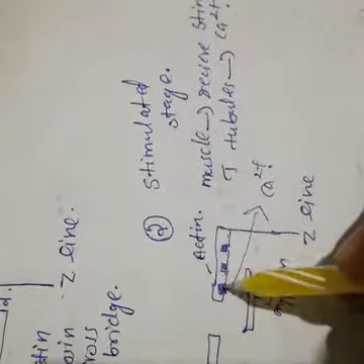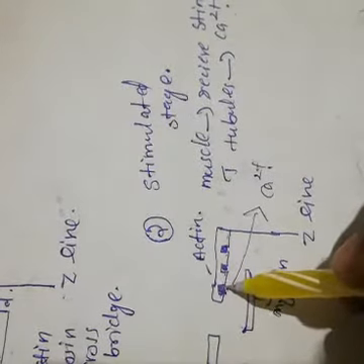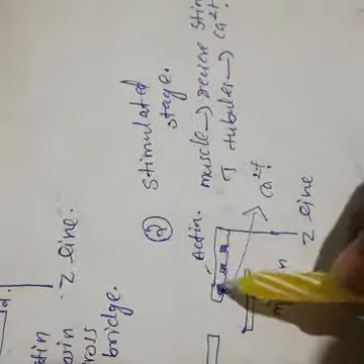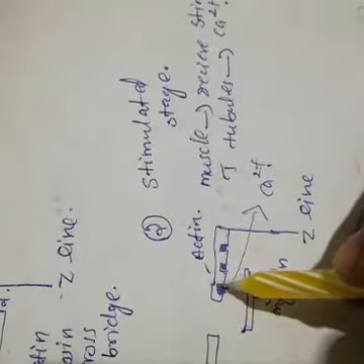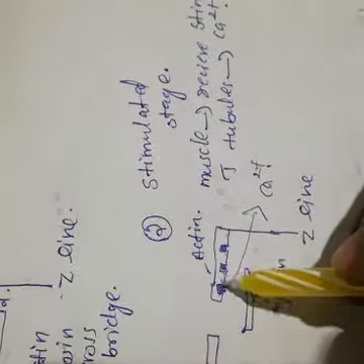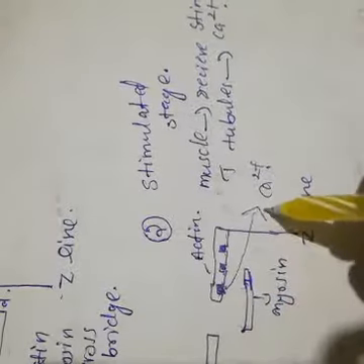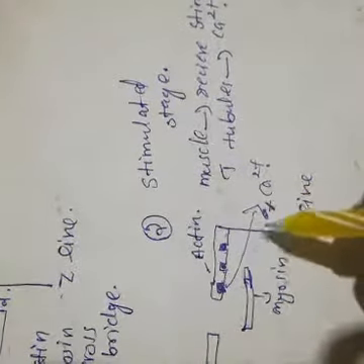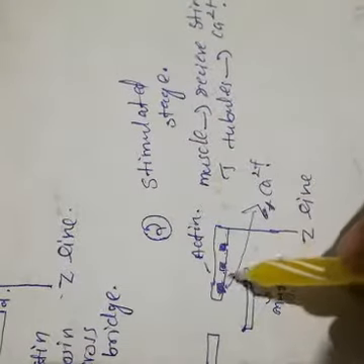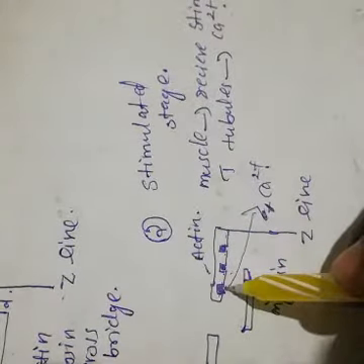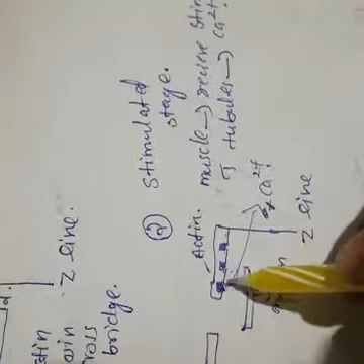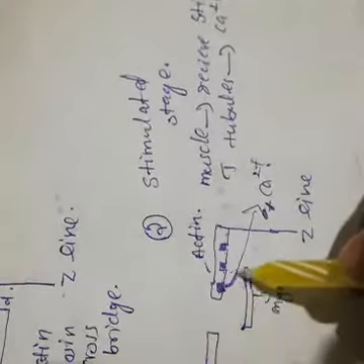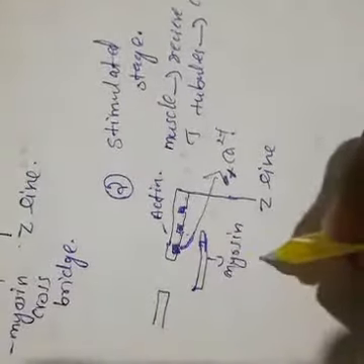So the troponin from this active site will release from this active site, and it will combine with the calcium 2 plus. So the troponin from this active site is removed, and the resultant structure will be like this.